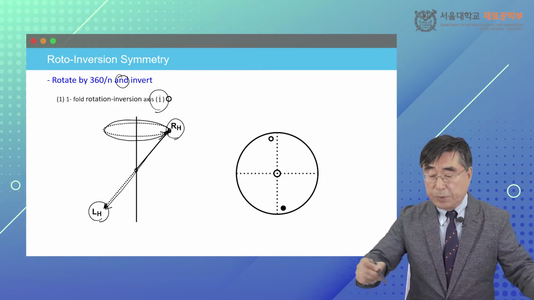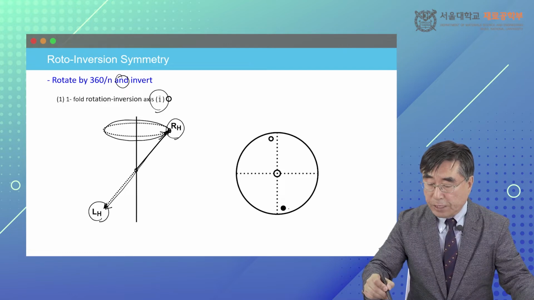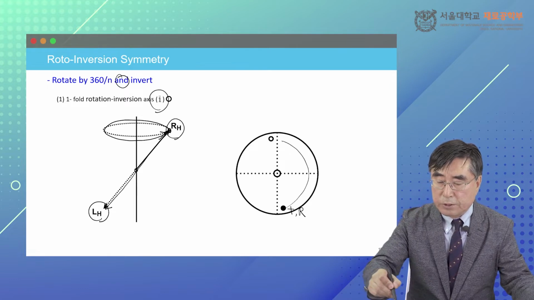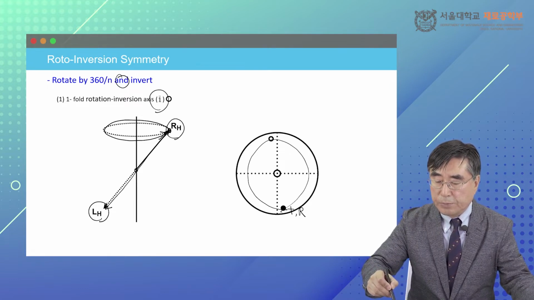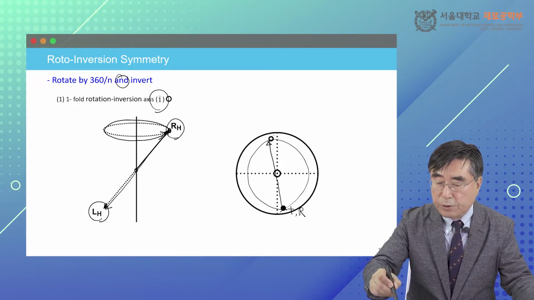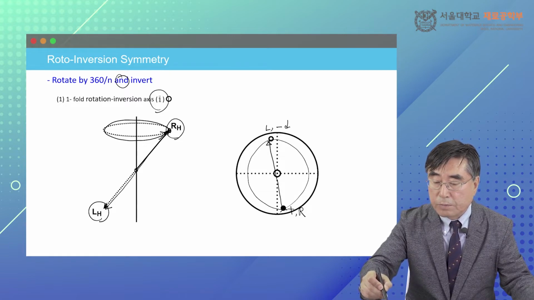For the stereotype projection, if you have an upper pole, right hand in here, then you rotate 360 degrees, the same position, right hand. Now you invert it, then it goes to the left hand. This is minus pole, down pole.